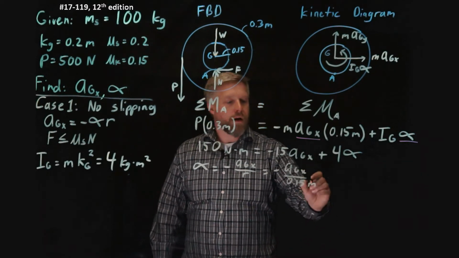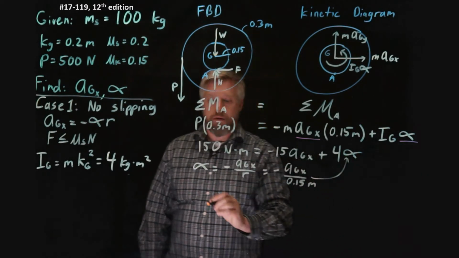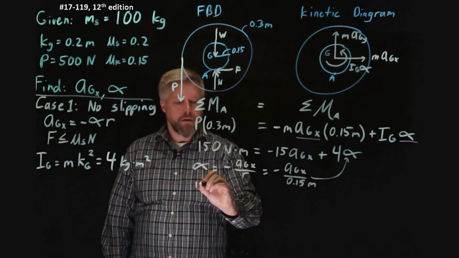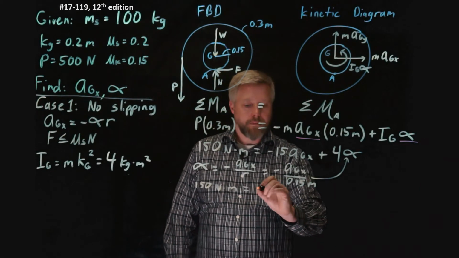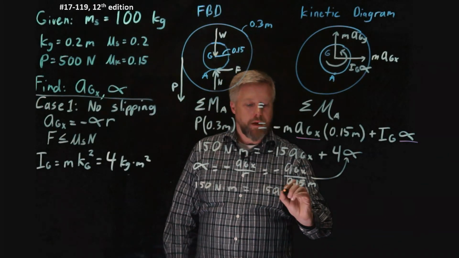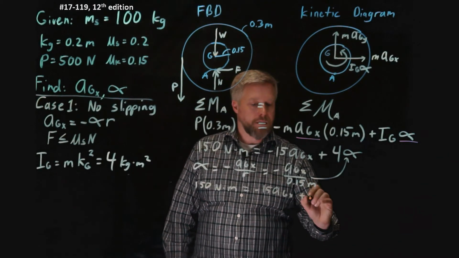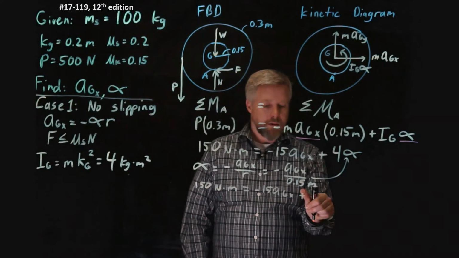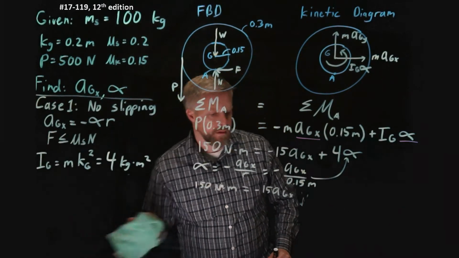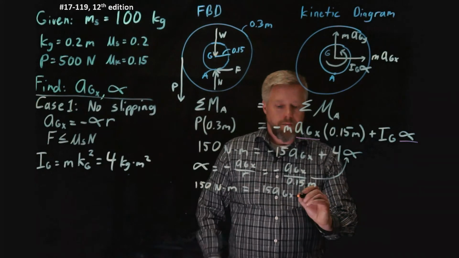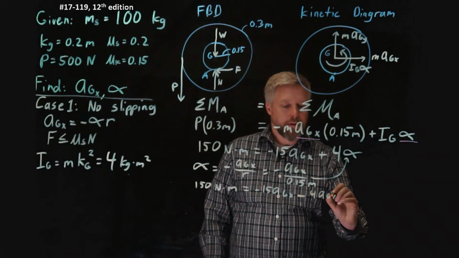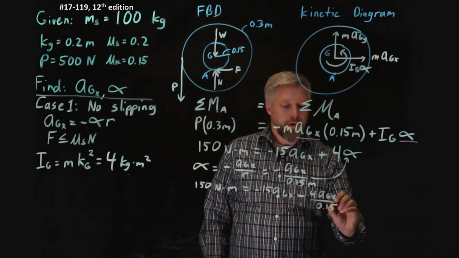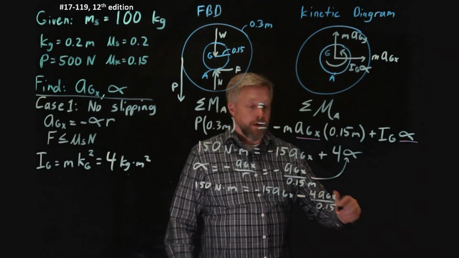Plug that in for alpha right here, and we'll get 150 Newton meters equals negative 15 AGX, I'm sorry, there's a minus because we're bringing in that negative there, minus 4 AGX over 0.15.